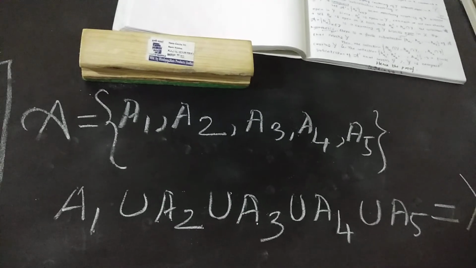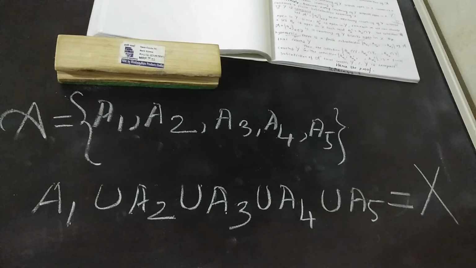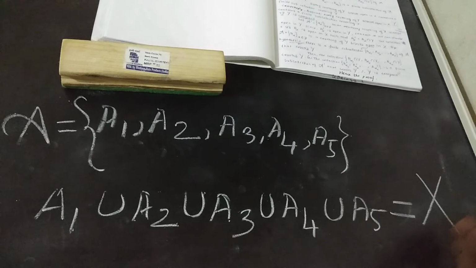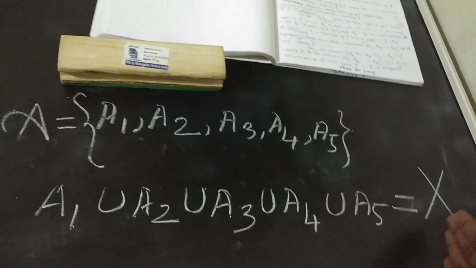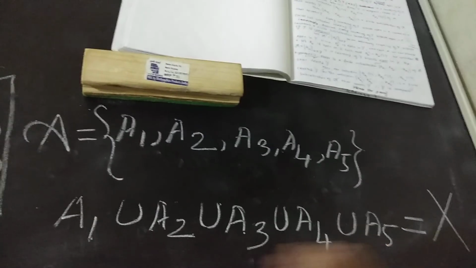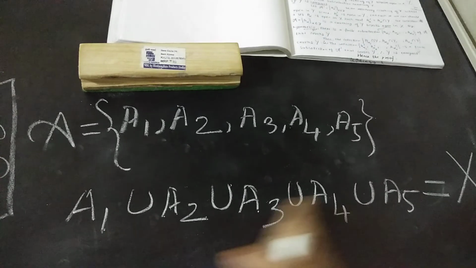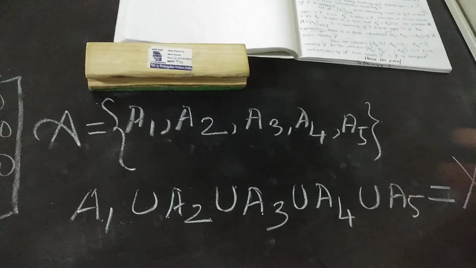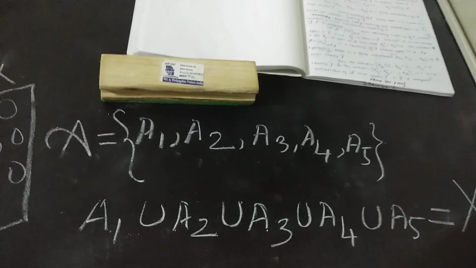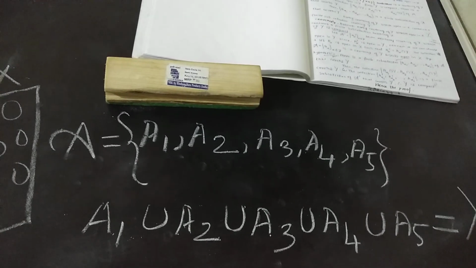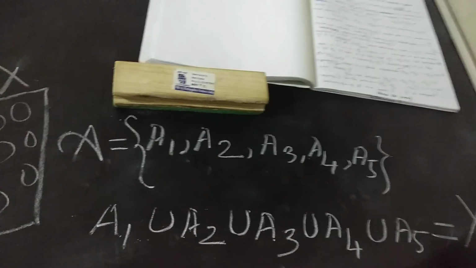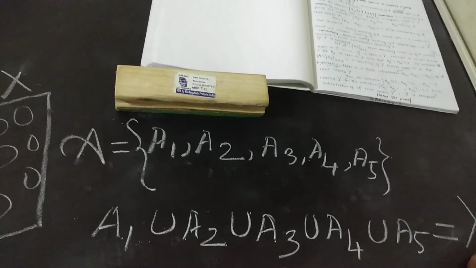Inside X you will have so many elements. All the elements present in this topological space X should be present inside this union A1 union A2 and so on. When you find the value of this union, you will get elements, and those elements are the elements present in our topological space X. Is that clear?